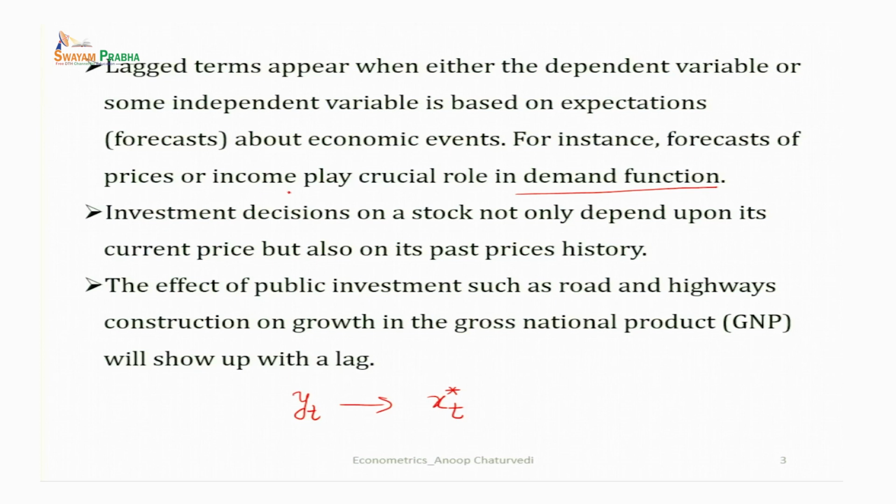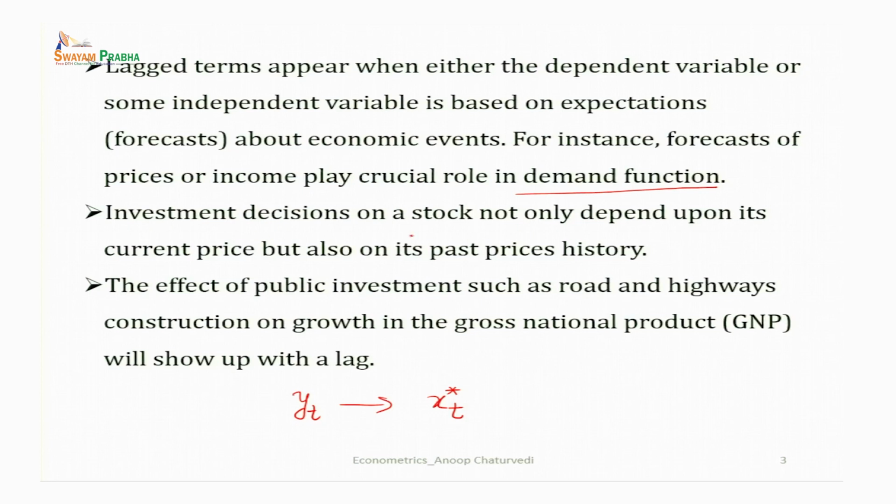So, instead of using the exact income or exact prices, you use the predicted values of income or predicted value of prices. So, then again you require distributed lag models, you get some kind of lag effect in your model.